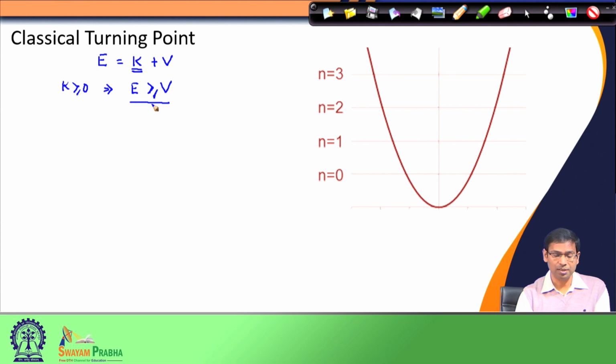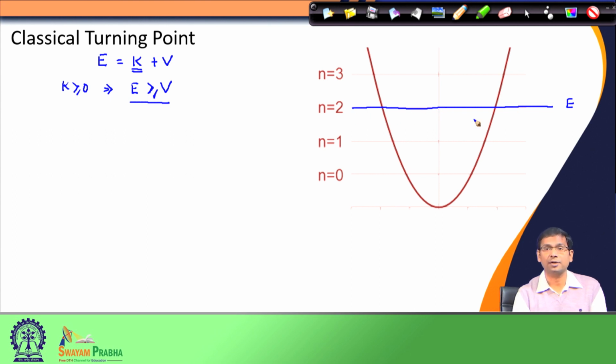What does this mean? This simply means that if this is my harmonic oscillator potential, the potential energy is shown here. Suppose I choose that this is the total energy of my system. This is when the harmonic oscillator has this kind of energy available.